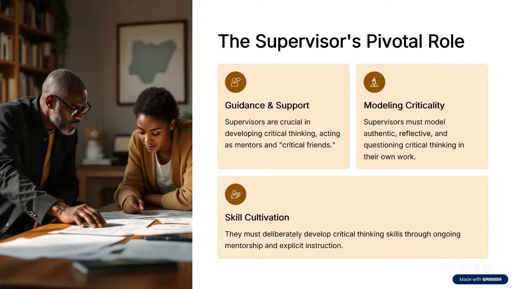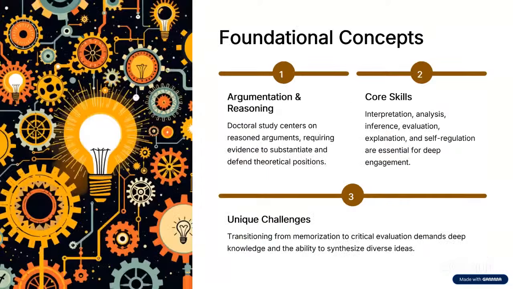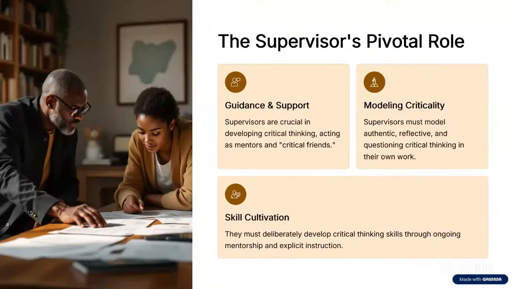When you look at the other skill that we mentioned, self-regulation: if, as a doctoral candidate, you are not able to evaluate, to explain, and to self-regulate, it becomes more or less like whatever your supervisor says stands as final. No, you can contest whatever your supervisor is suggesting in a very respectful manner, without disrespecting that person.